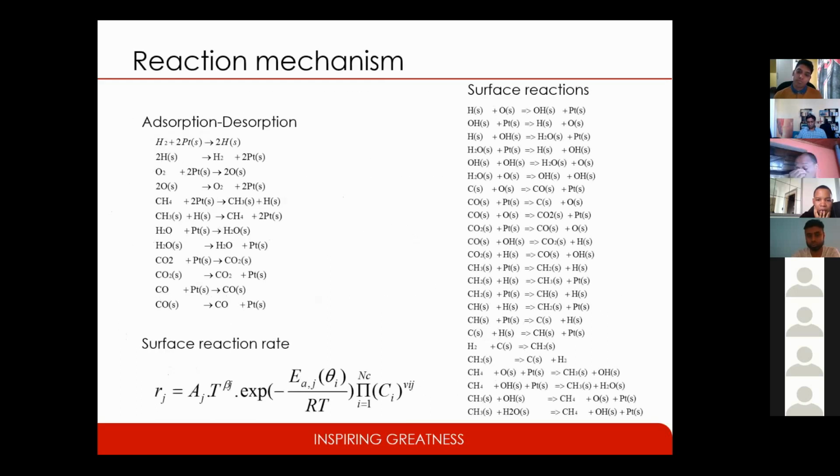Now, remember, when I first introduced this, I told you that there are many species to be accounted for in this kind of systems. And in this case, I've shown the reaction mechanism, and you have the adsorption and desorption, and also the surface reactions are shown there.